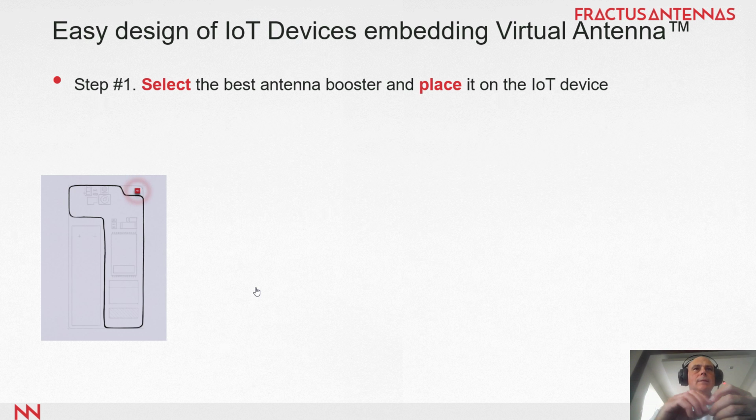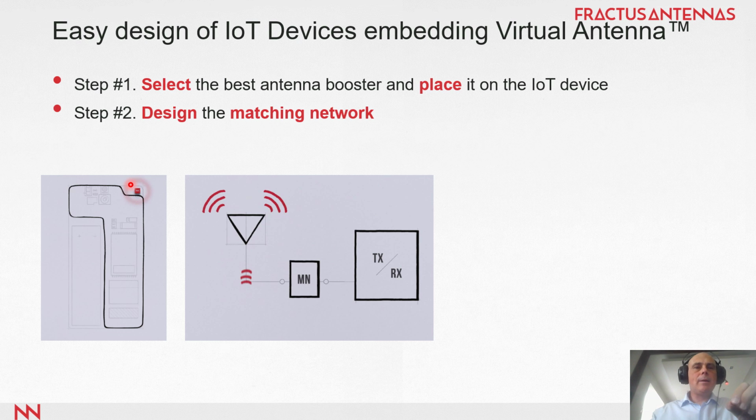So let's see the basic steps we need to follow to embed antenna boosters in an IoT device. The first step is to place the antenna booster. Usually the corners of the device are the best locations in order to maximize range and battery life. The second step is to design the matching network to operate at the frequency bands we want.